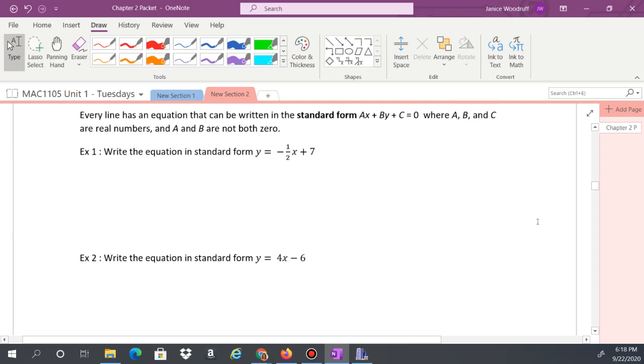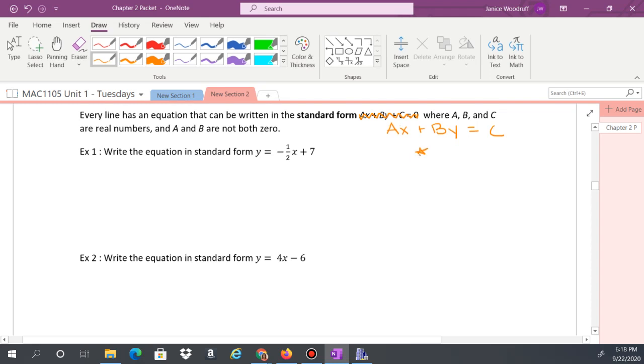All right, now let's take a look at standard form. Then I'll get you guys your test back. All right, so standard form, we're going to scratch this here. I want it like this: Ax plus By equals C. So x and y are on the same side. A, B, and C, the numbers, your coefficients, are whole numbers.